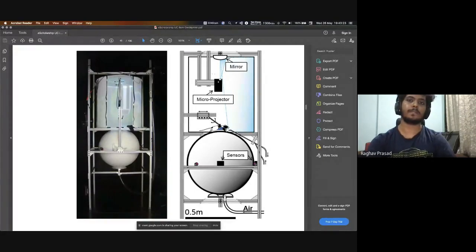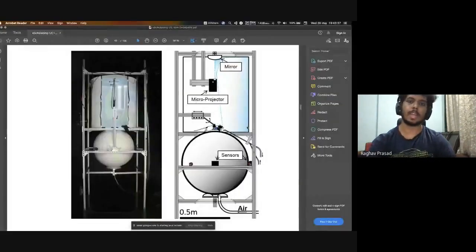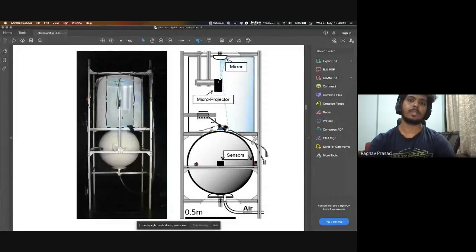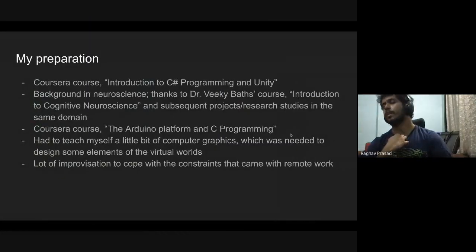So in order to achieve this, I had to do some computer graphics stuff, which I'll get into, and it needed some mathematics to calculate the points at which these light rays would be hitting. Grateful for Math 2, was it? Yeah, M2, a little bit of M2 in there. So yeah, that's how that went.